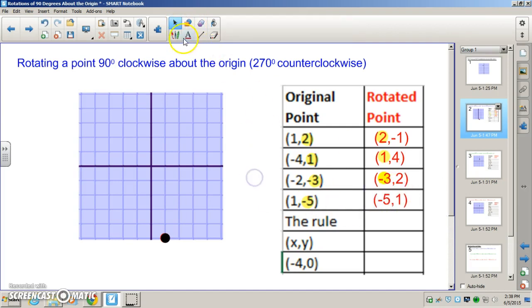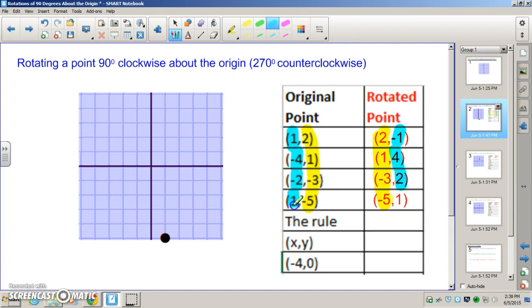It seems like the last number in the original point becomes the first number in the rotated point. Now let's see if we see a trend in the other remaining numbers. 1 went to -1. -4 went to a +4. -2 went to a +2.